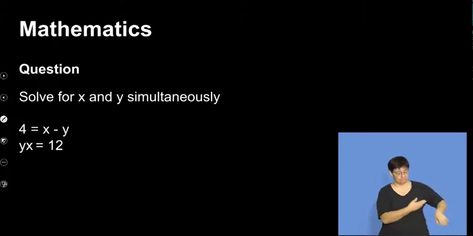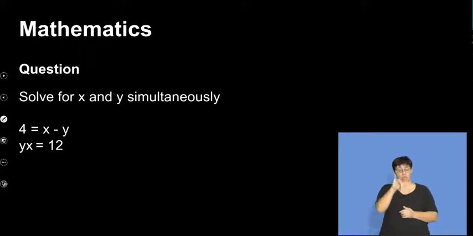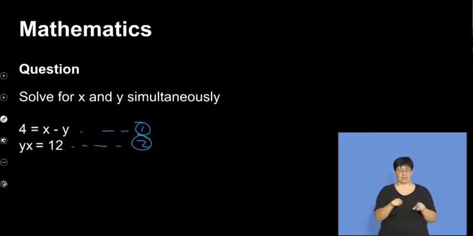Solve for x and y simultaneously again. Here I have a linear, which is equation 1, and I have a hyperbolic, which is equation 2. I know when we started with this, I kind of added some spice there and used the hyperbolic, but with this I'll just use the linear. So let's just make x the subject of the formula.